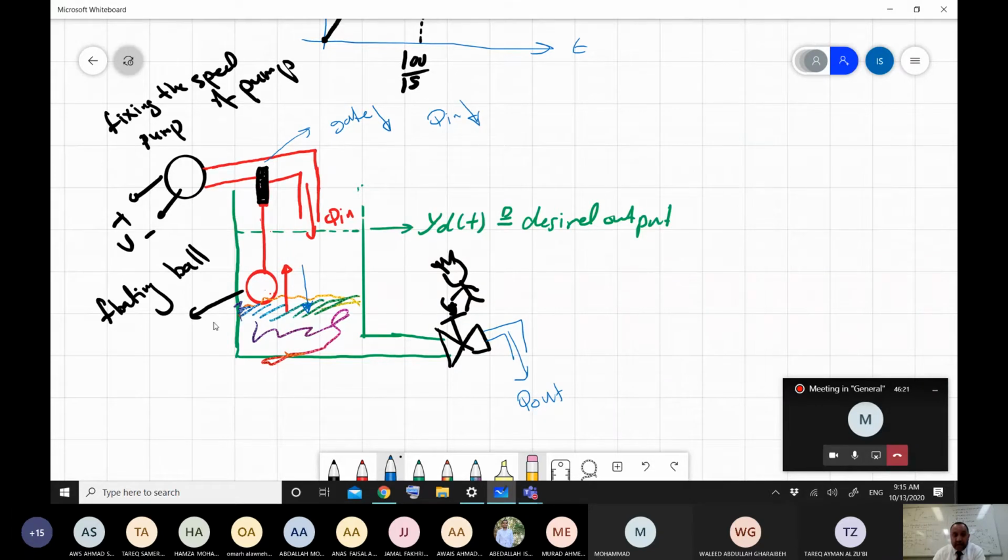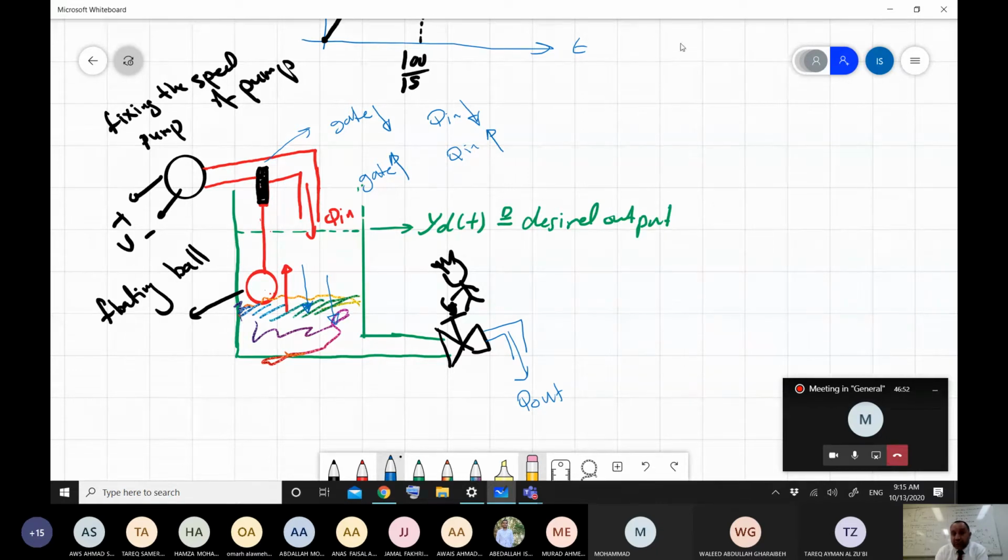But if the actual level goes down, then the floating ball will go down. Then the gate opening will increase, and the Q in will increase. So if the gate opening increased, then Q in is also increased.